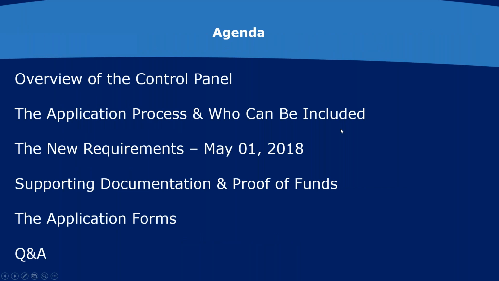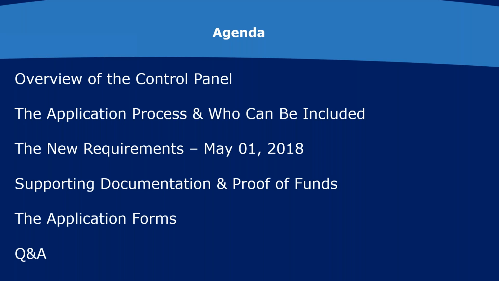So in terms of our agenda for today, we're going to start off with an overview of the control panel. We'll look into the application process and who can be included on an application package. We'll look into the new requirements that came into effect on May 1st, 2019. We'll look into supporting documentation.